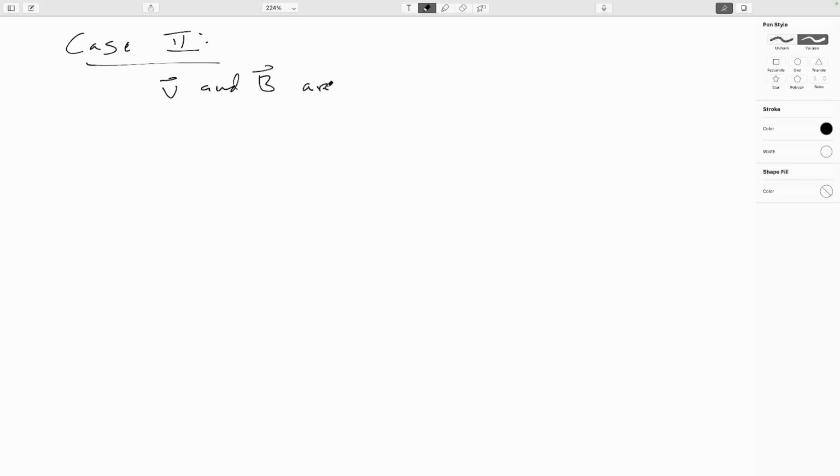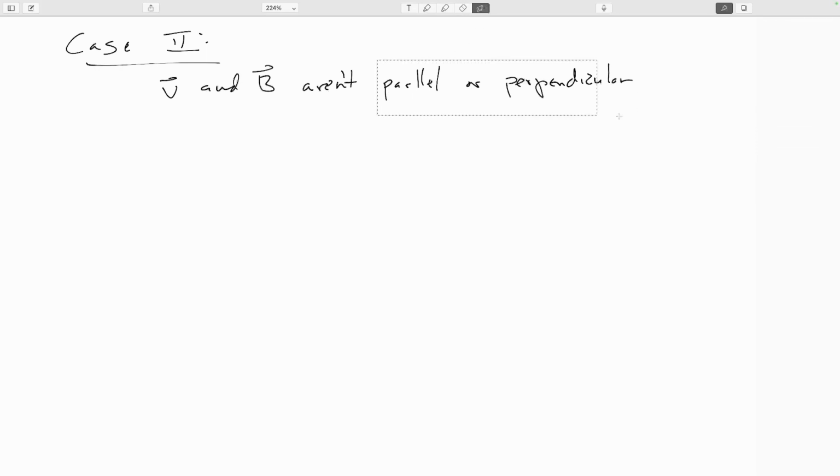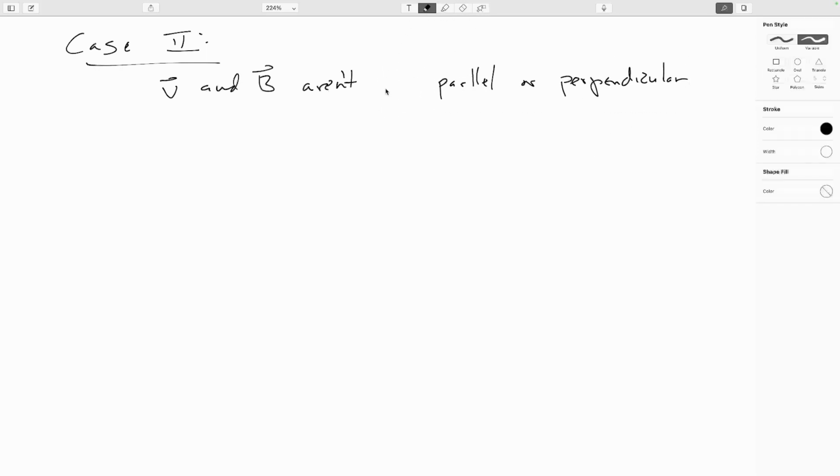So they aren't parallel or perpendicular or anti-parallel for that matter. We'll do it like that. P-A-R-A-L-L-E-L. There we go.